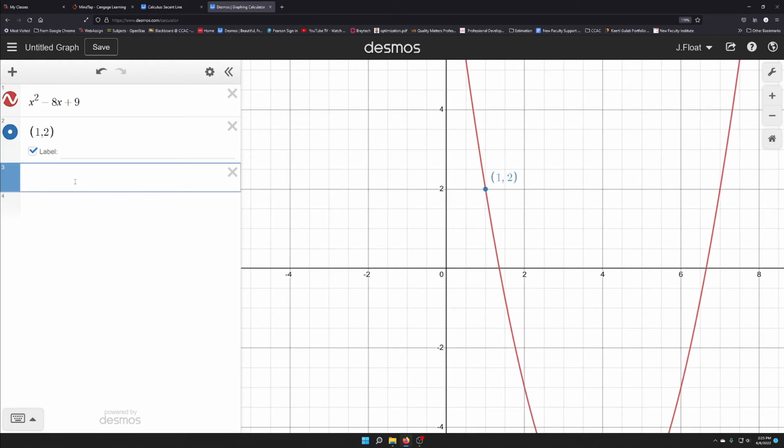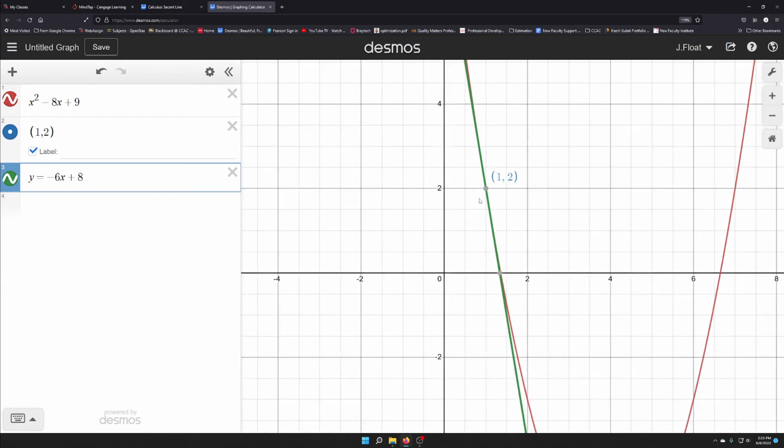The equation that we just found is the equation of the tangent line, which means if we are correct, then when I type in y equals negative 6x plus 8, we should touch this function at the point 1 comma 2. So let's verify it. y equals negative 6x plus, and look at that. That's a beautiful thing.